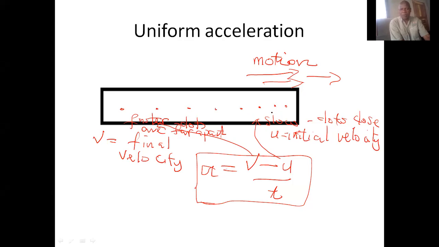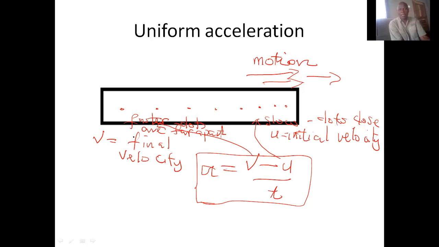The dots closer to where you are pulling the tape are close to each other, meaning that at the starting point the object was moving slowly. At the end of the tape, where the final velocity is, the dots are far apart, meaning that the object was moving faster.